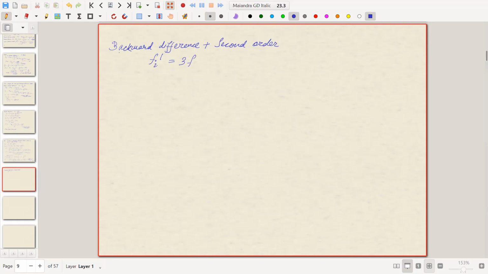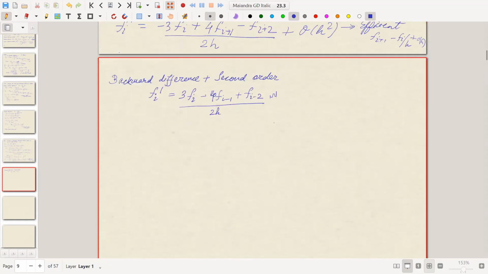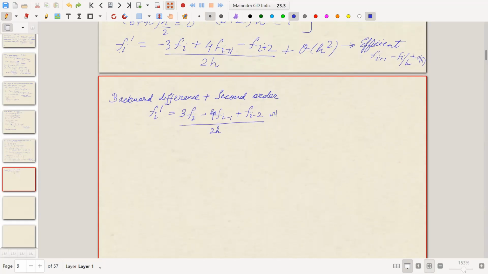We will proceed in the same way as we had last time. You can see the difference: I am taking now the backward points i minus 1, i minus 2. Previously you had taken i plus 1, i plus 2. That's the forward. Now it's the backward scheme but order of h square.